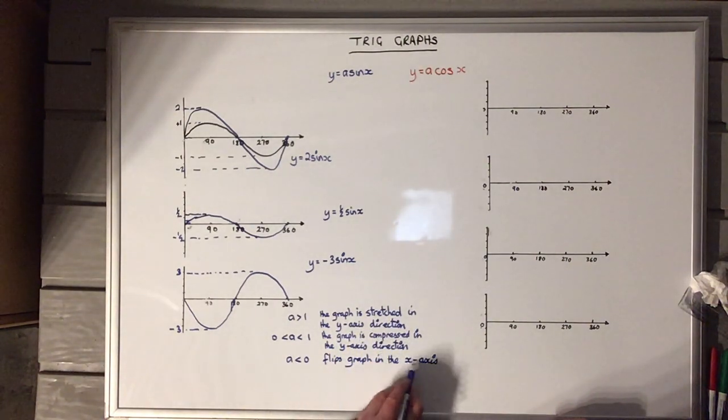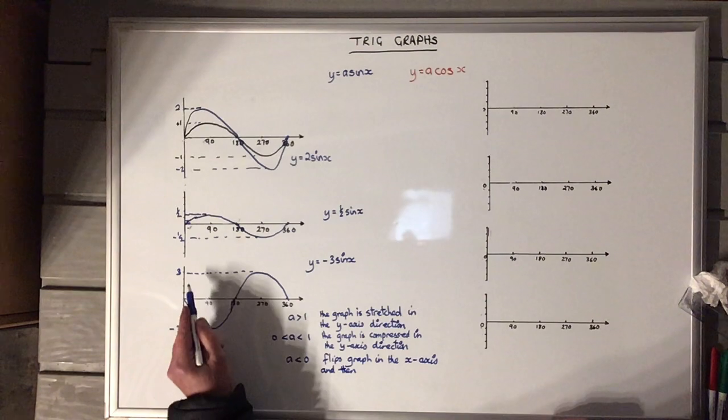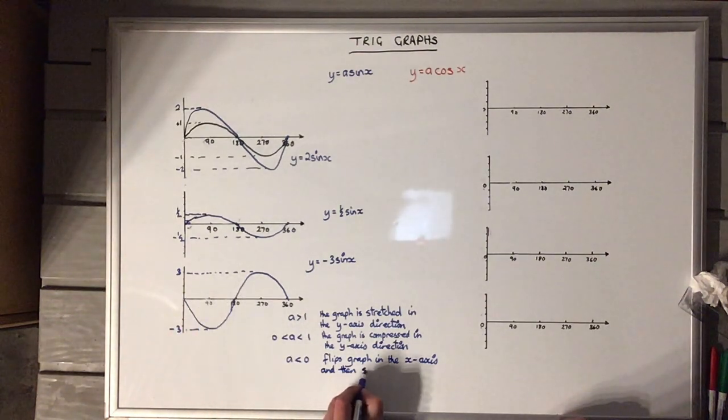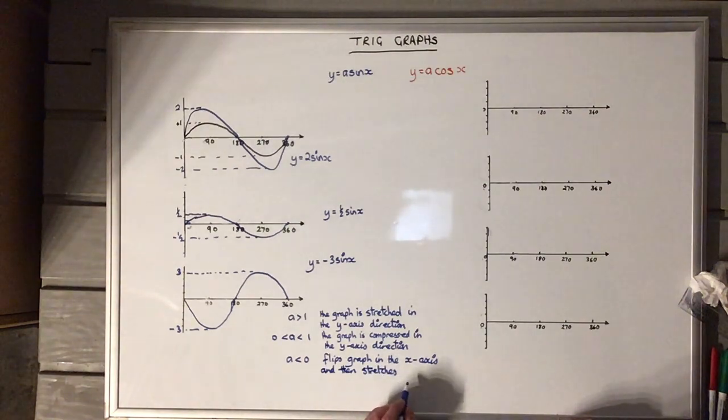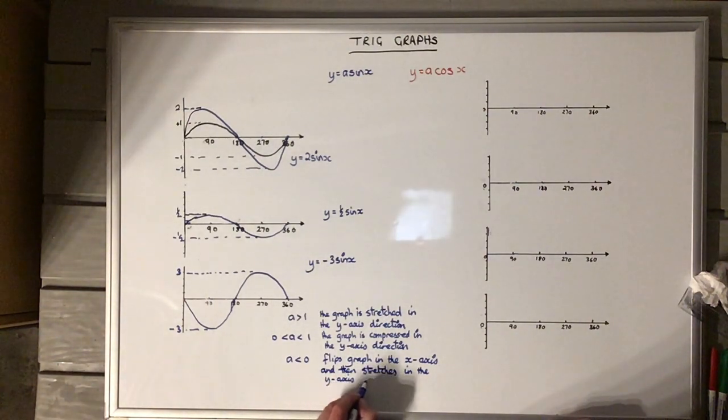So it flips the graph in the x-axis, and then because it's -3 and not +3, it stretches in the y-axis direction.